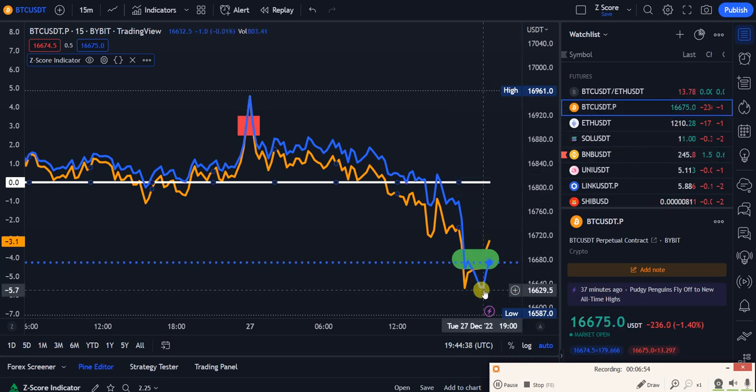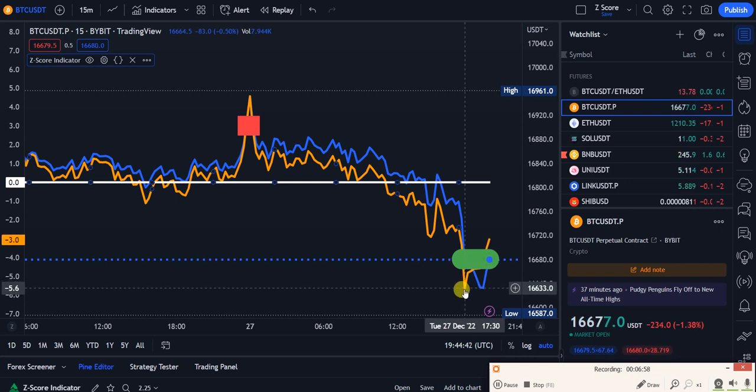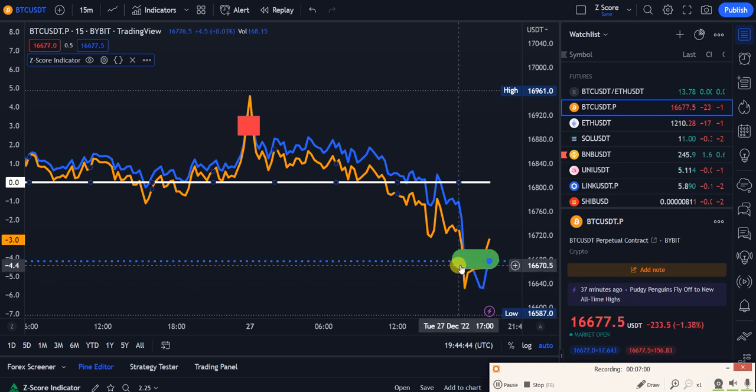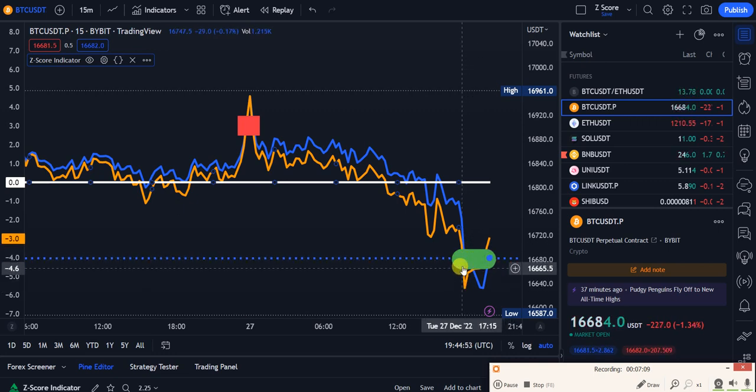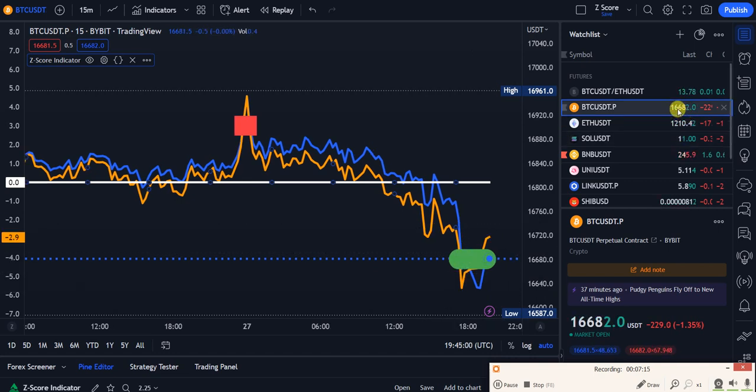As I said, the bottom was here, okay, at 16,630. But theoretically, if you follow this chart, if you don't just wait for a green sign to pop, you could have taken this trade basically around 16,630. Now it's 16,682. Wow. So it keeps going up and up.